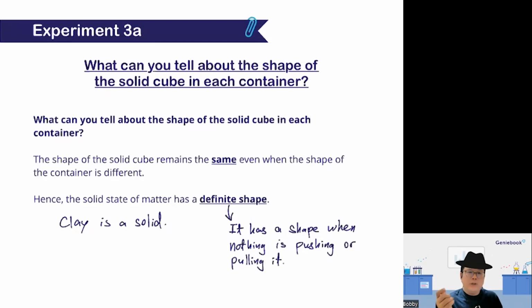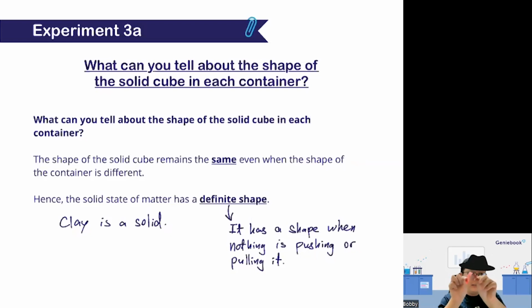Okay, so for example, like this Apple Pencil, if I just hold it there in front of me, the shape will not change. Or this packet of chili sauce, the shape will not change if I just leave it there. But if I put in a bit of a push, if I push it down, the shape will change.